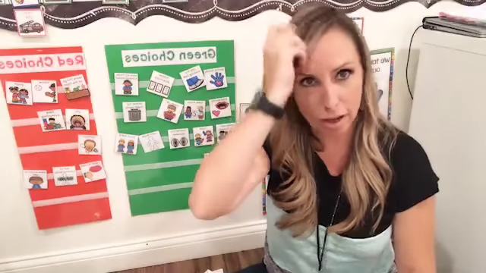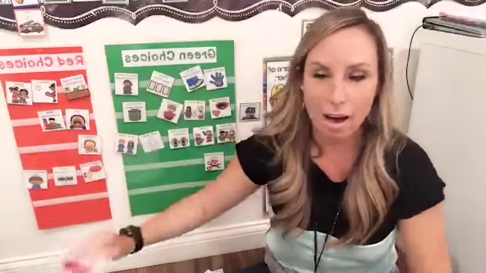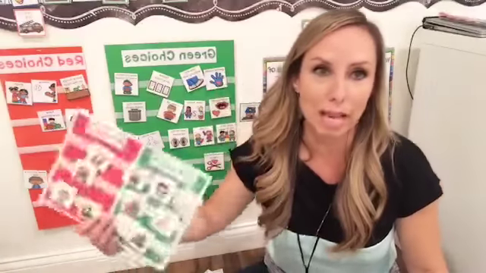If you go outside and maybe you have an emergency backpack, make an extra one of these and put one in there so you have one for the playground. Maybe your kiddos have to go to a therapy room, or you're just going down to an assembly. Take this with you. It's portable.